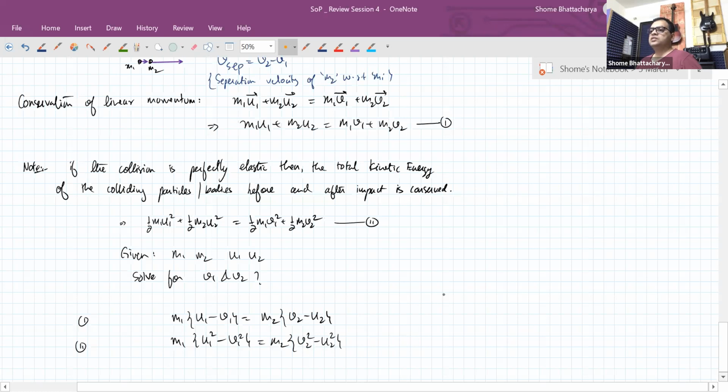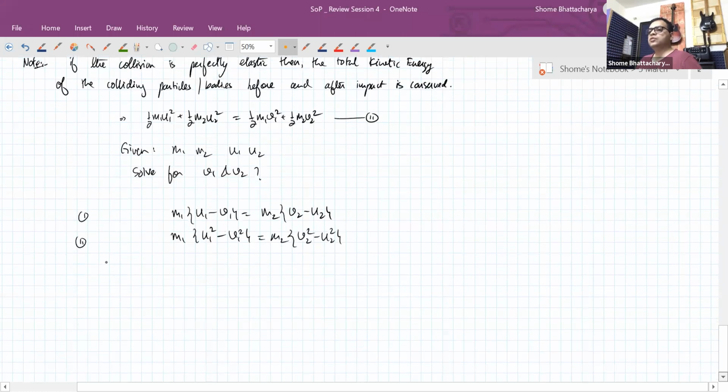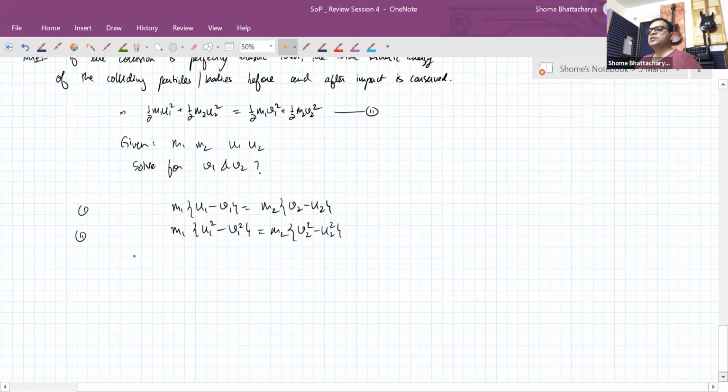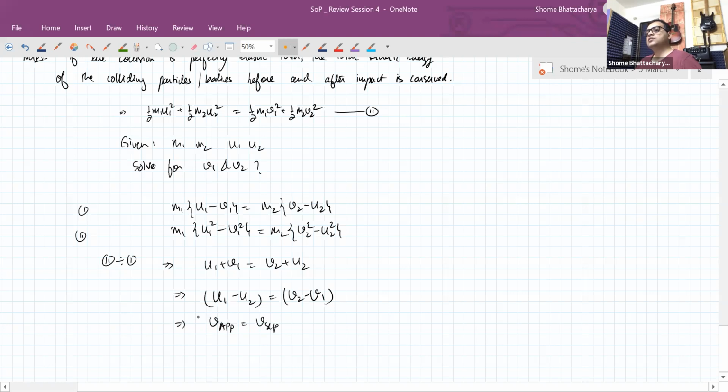So if we rearrange these two equations and write them in this way, and now just divide equation 2 by equation 1, we'll get the relation that U1 plus V1 will become V2 plus U2, or U1 minus U2 is equal to V2 minus V1, which shows us that the approach velocity is equal to the separation velocity.